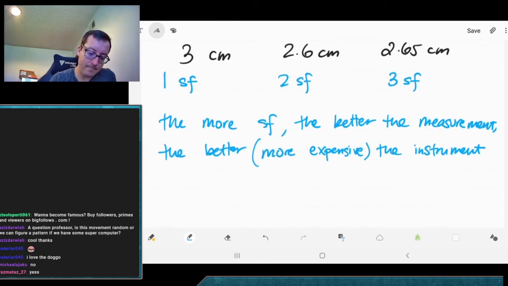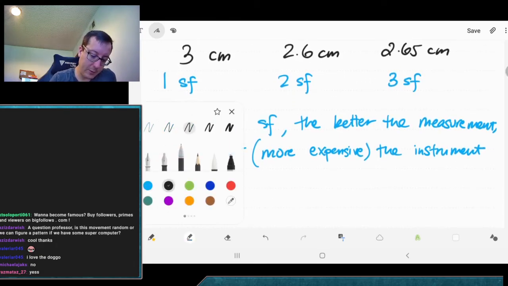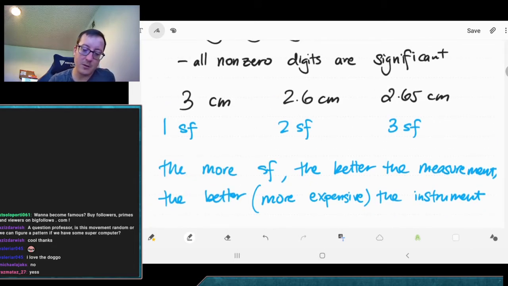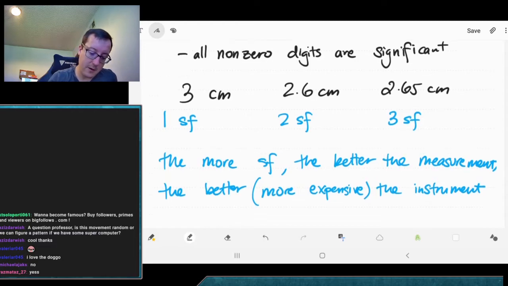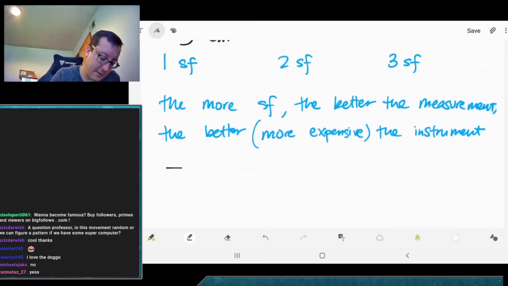Alrighty. So hopefully everyone can see non-zero numbers are significant. We've seen those numbers, we've made our guesses, and we're good. Zeros, though, are where we're going to have trickiness.